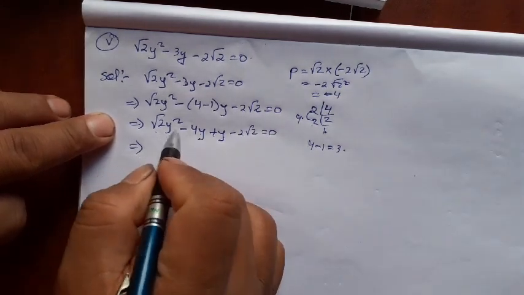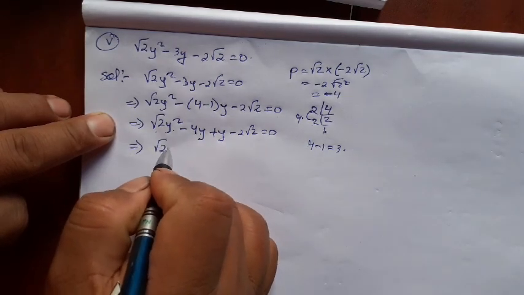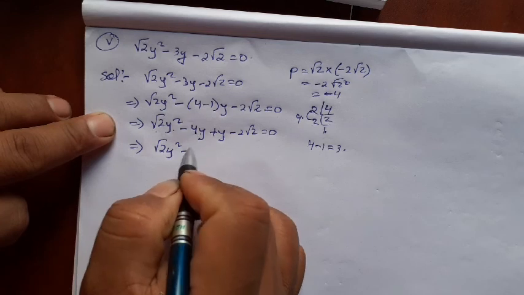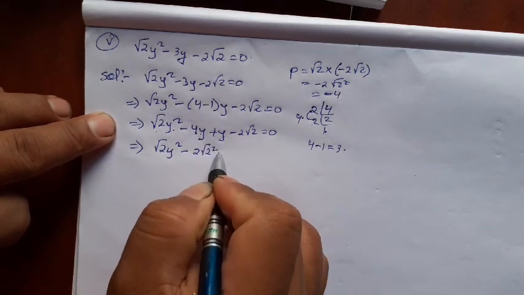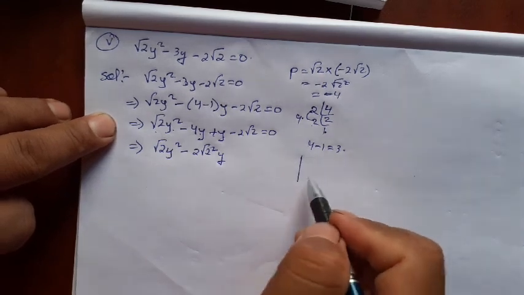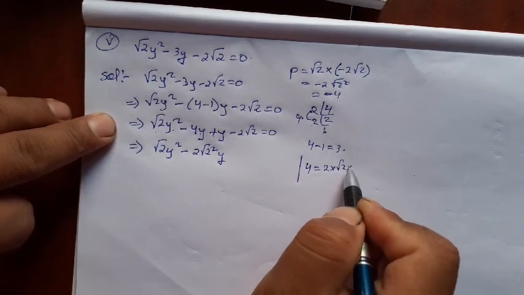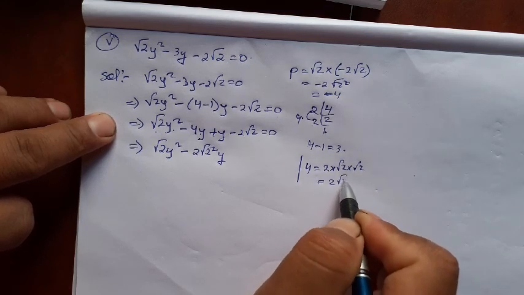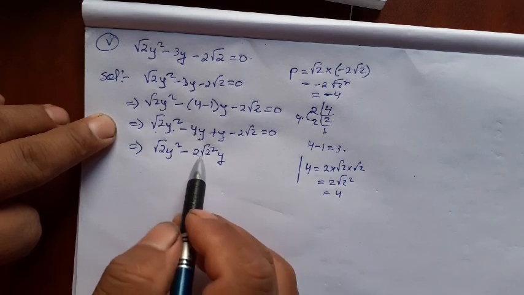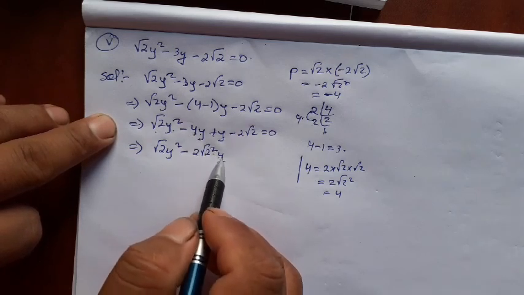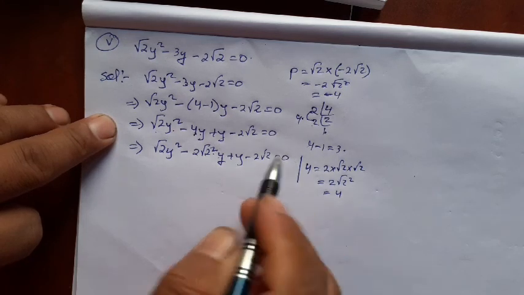From these two terms, there is no common factor, so you need to modify. Root 2 y squared minus 4y can be written as root 2 y squared minus 2 root 2 whole squared into y. You should remember that 4 equals 2 root 2 times root 2 times root 2, meaning 2 root 2 squared becomes 4. So instead of 4, we are writing 2 root 2 whole squared, y plus y minus 2 root 2 equals 0.